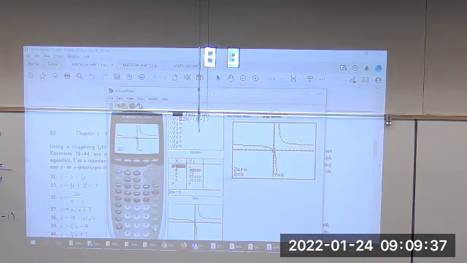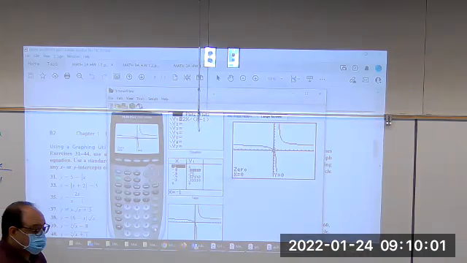If I let x equal 0, 2 times 0 is 0, and 0 minus 1 is negative 1. 0 divided by negative 1, y equals 0. The only way we could get 0 for y is if up here 2 times x equals 0. That's how you do it algebraically.